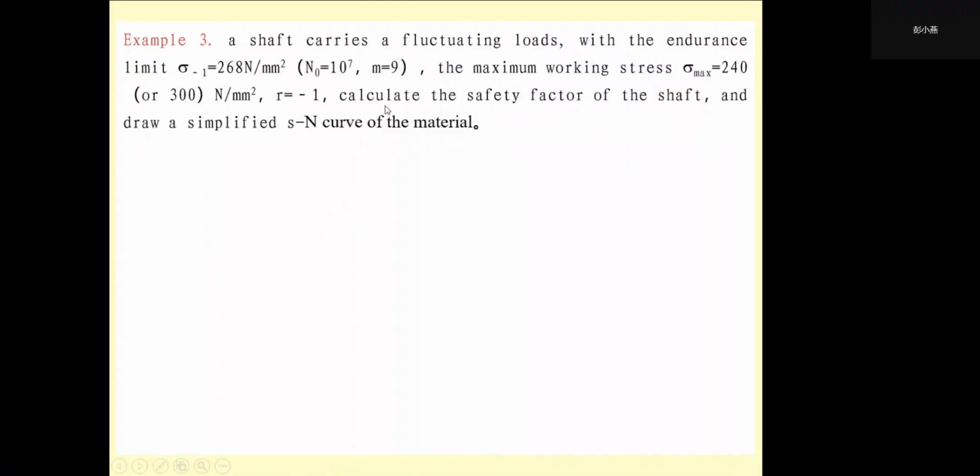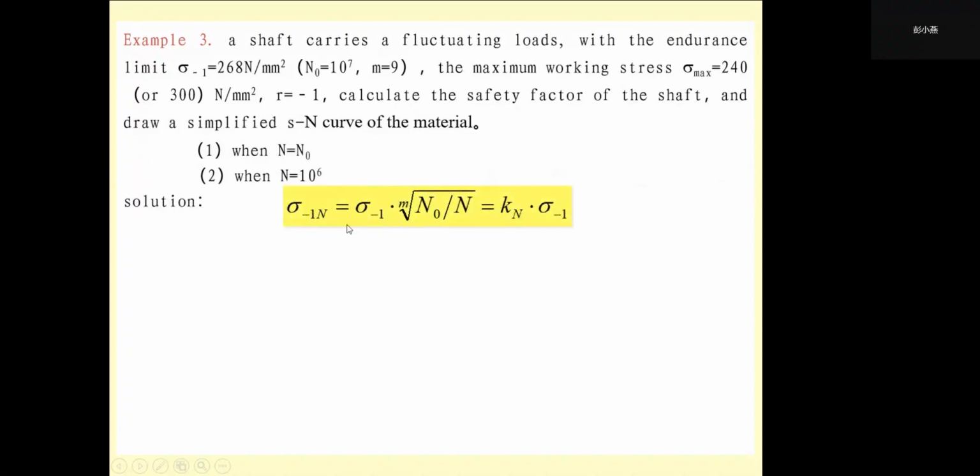Okay, so we should calculate the safety factor. You should consider two conditions: when the cyclic number is N0, or the cyclic number is the 6th power of 10.